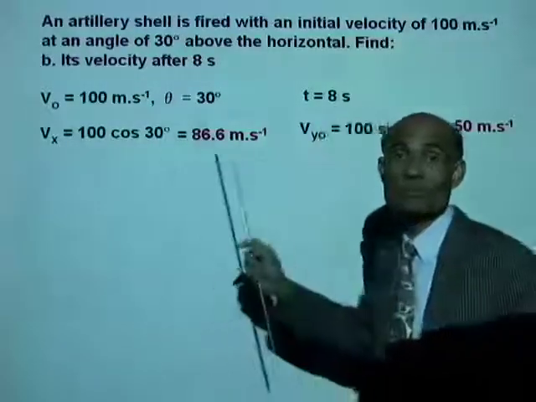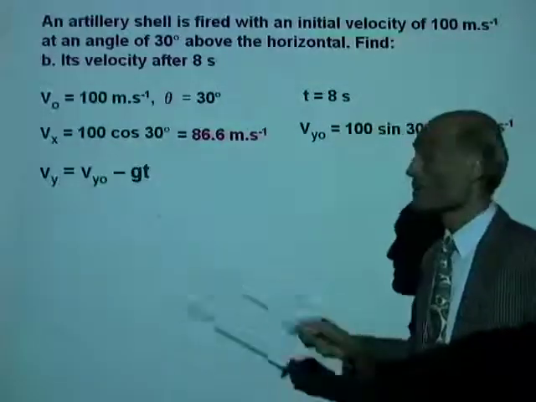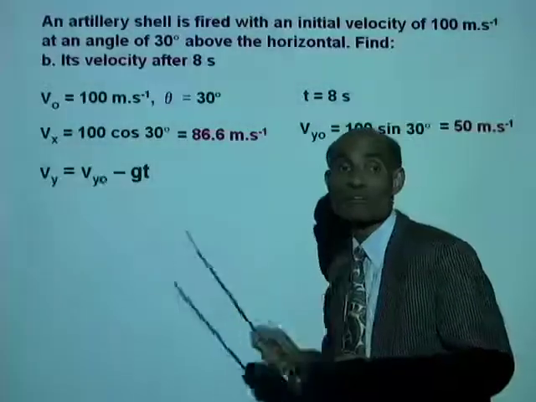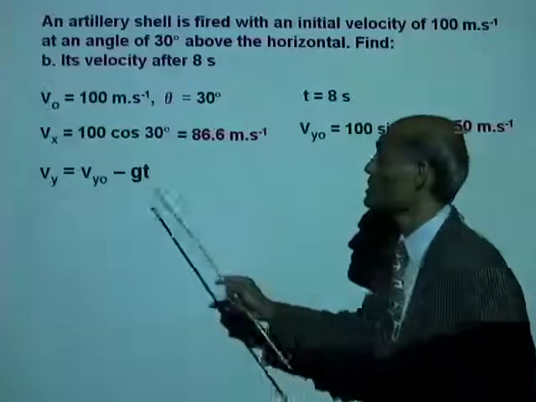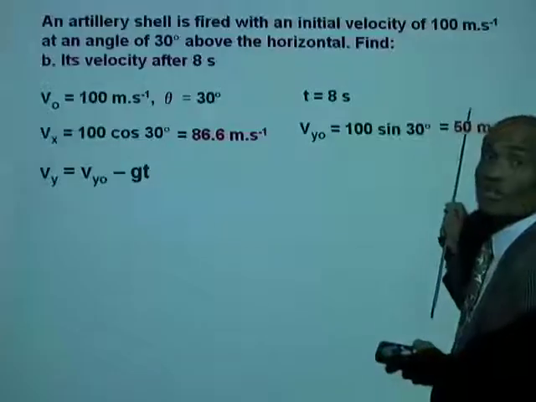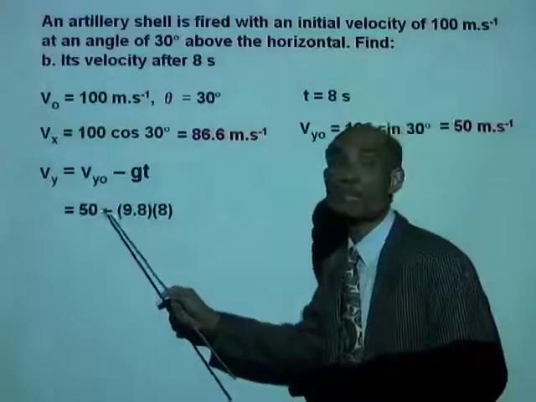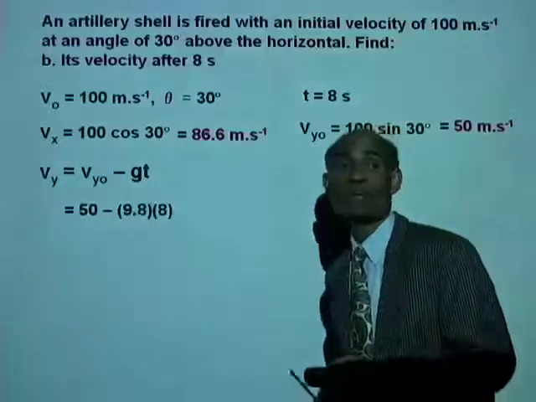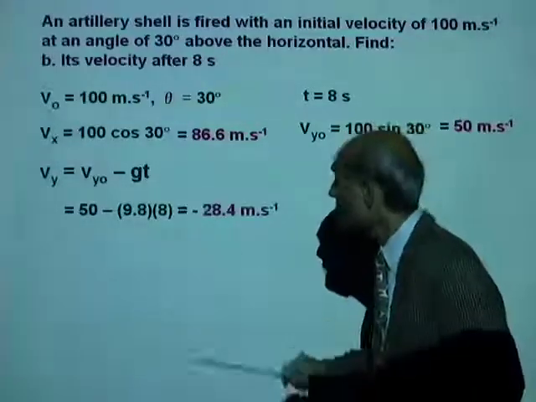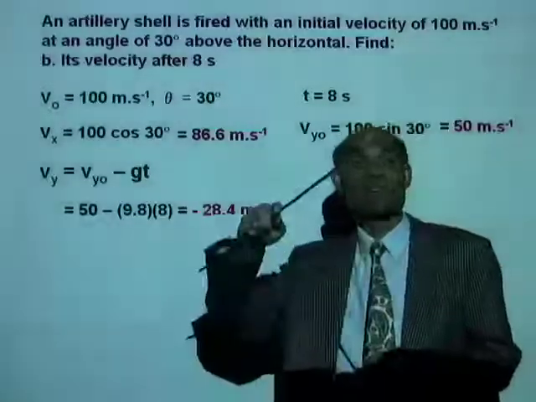Vy equals Vy0 minus gt. Vy0, the initial vertical velocity, is 50 meters per second. So that will be 50 minus 9.8 times 8. That is negative 28.4 meters per second.